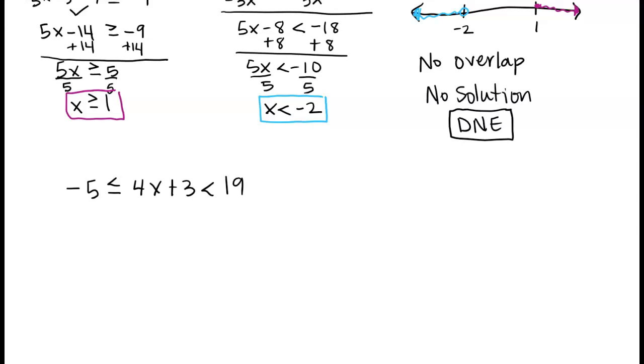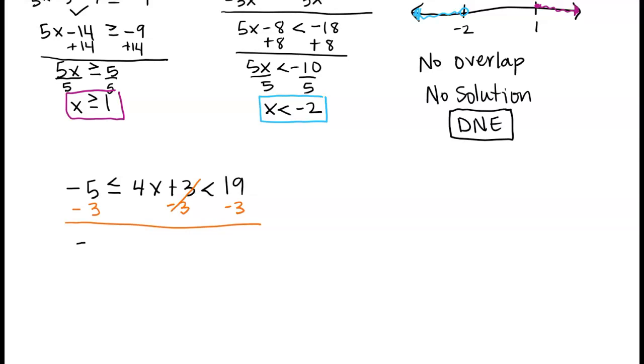So I subtract 3 here. But we have 3 different parts this time, so we need to subtract 3 here also, because in the middle we're getting rid of that. There's no 3 left there, but I've got to make sure that I'm subtracting 3 from those other 2 parts.